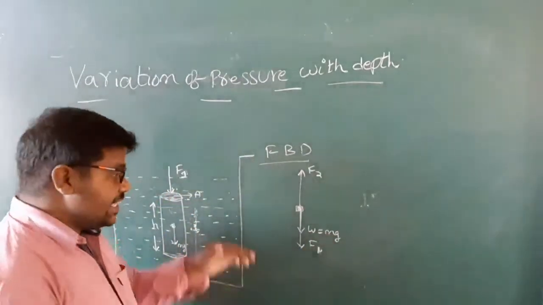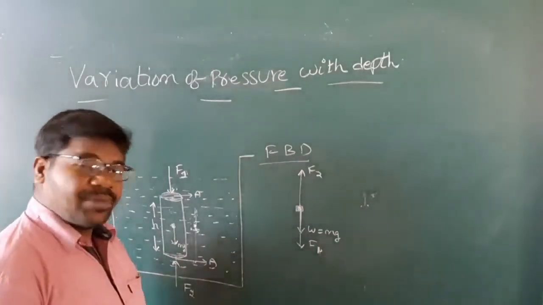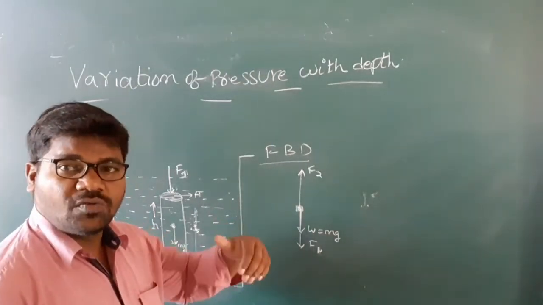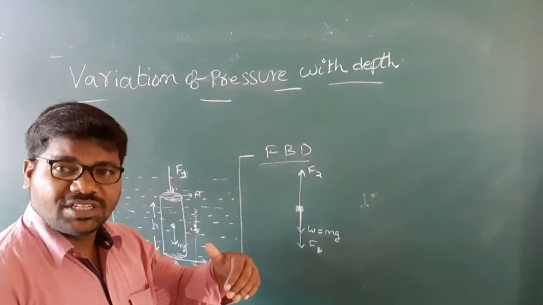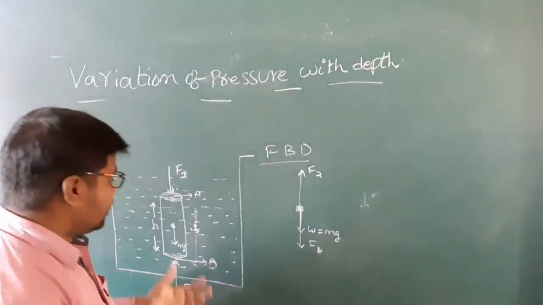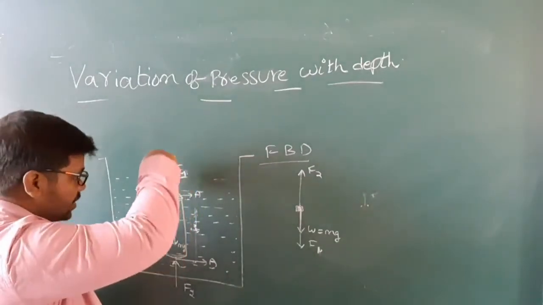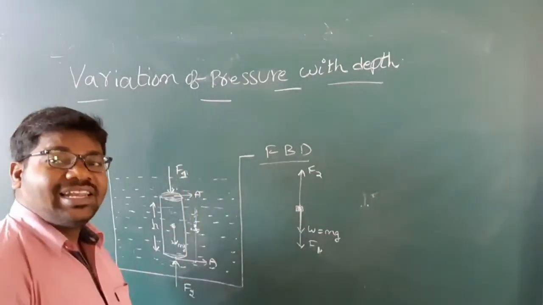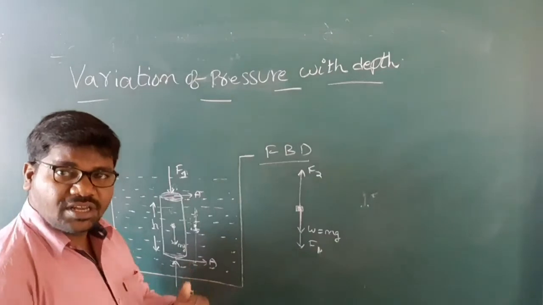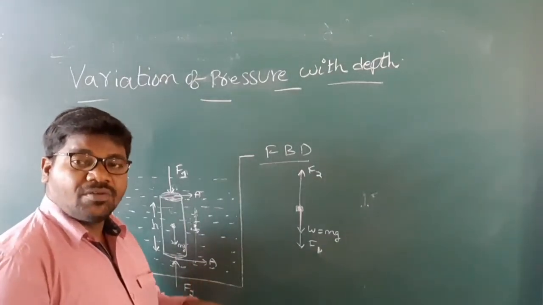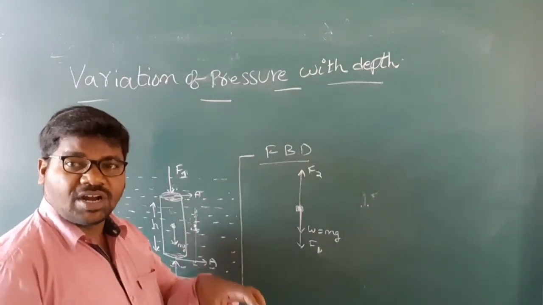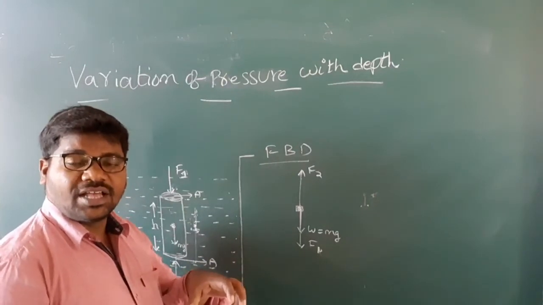Understand? At equilibrium, the sum of the downward forces and the sum of the upward forces are the same. One force is acting upward and one downward due to the liquid pressure, due to the thrust. Whenever an object is immersed in water, some force acts on the body.